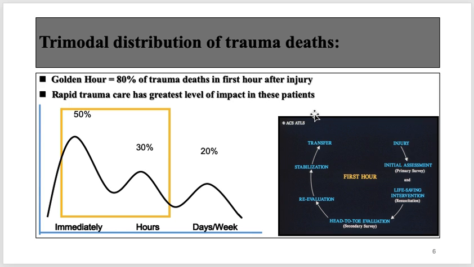So you can see over here, in the first hour, there is injury. The first thing they do is the initial assessment or primary survey, and then they do the life-saving intervention, which in the bracket you may not be able to see, but it's resuscitation. Then they go to a head-to-toe evaluation, which is the secondary survey. Then they re-evaluate, then they stabilize, and then they transfer.